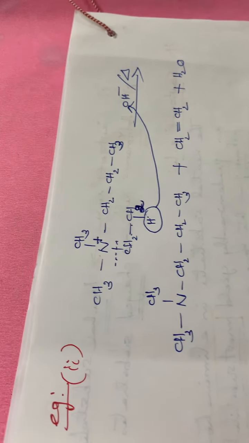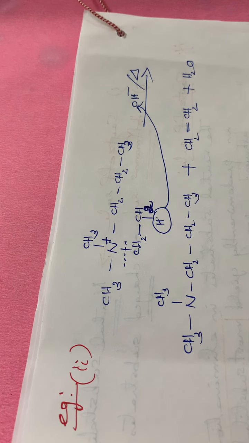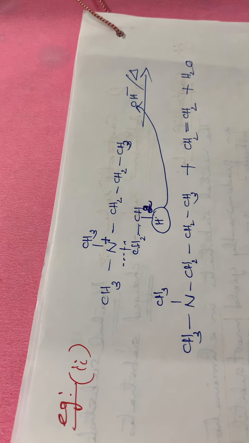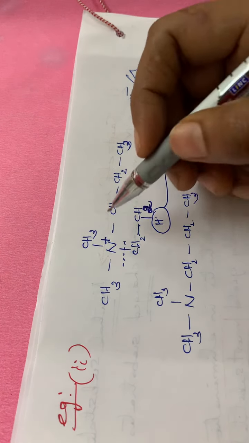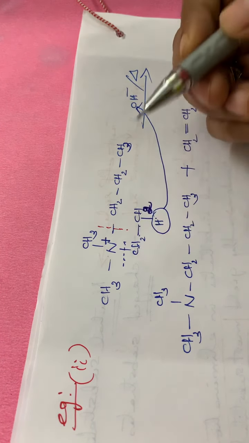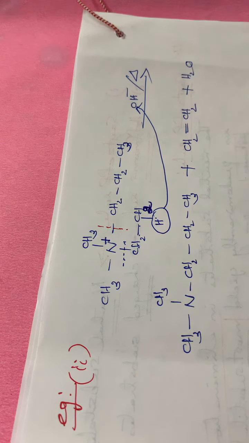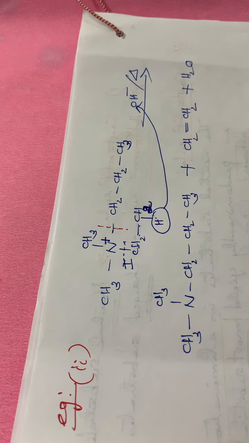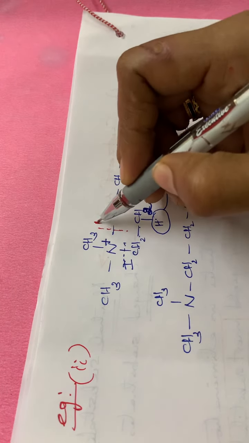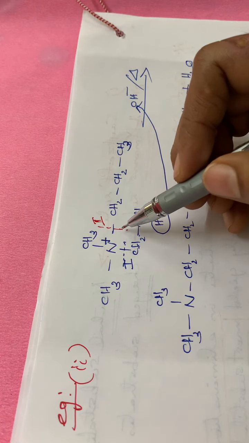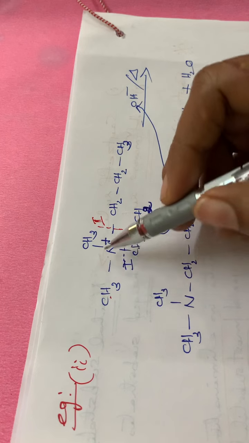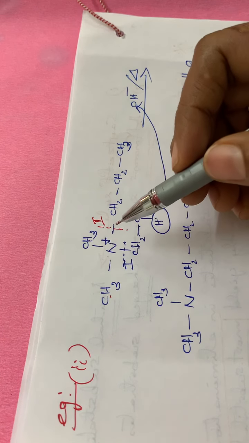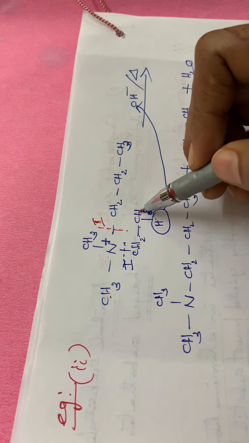Then what is the other chance? The next chance is that the bond breaks at this position. Okay, so this blue ink is the first product or the first chance. This red ink is the second chance. And here at this position the bond breaks, so it becomes CH3 N CH3, then CH2 CH3.